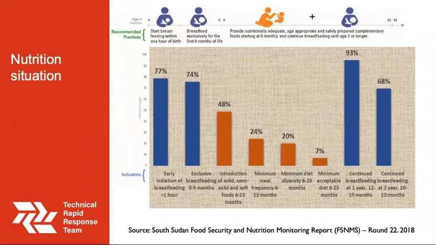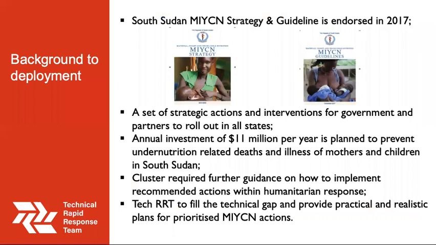So we still have a lot of work to do in complementary feeding, but on early initiation and exclusive breastfeeding we are doing quite well. We are now focusing on supporting mothers to improve complementary feeding for infants 6 to 23 months. So these are the indicators for South Sudan.